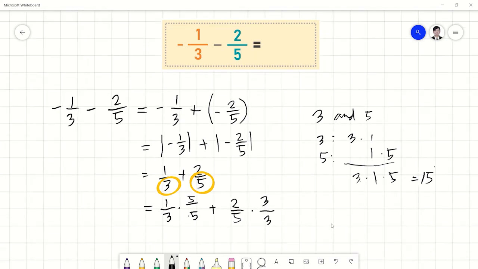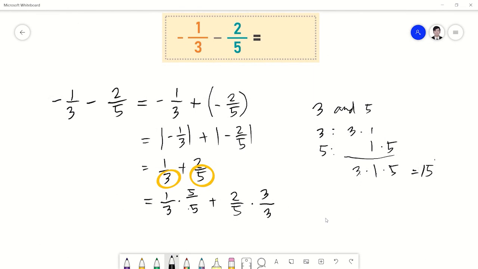So 1 times 5 is 5. 3 times 5 is 15. Then 2 times 3 is 6. 5 times 3 is 15.